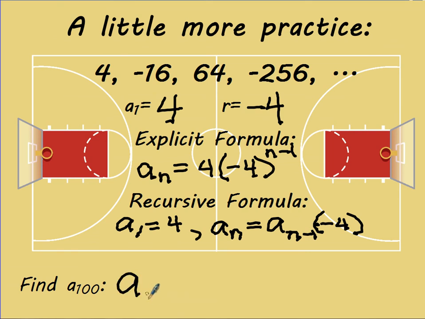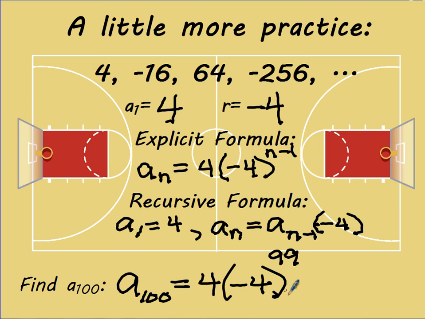I would say a sub 100 is equal to 4 times -4 to 1 less than the term number I want, so to the 99th power. Now when I put this in a calculator, order of operations says that exponents have to come before multiplying, so I would put -4 in parentheses to the 99th power, then I would multiply that total by 4.